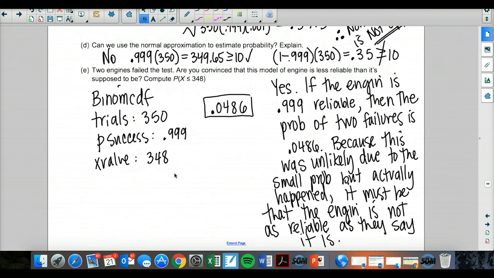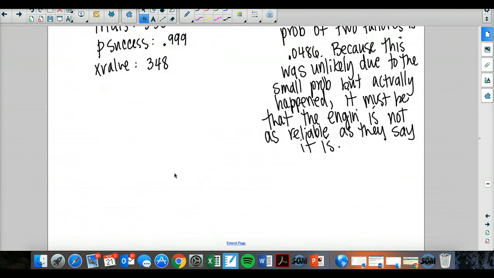So when something that's highly unlikely to happen happens, then we say, wow, something's weird, because this should never have happened. Of course, there is the chance it's a fluke, and this is just barely under 5%.